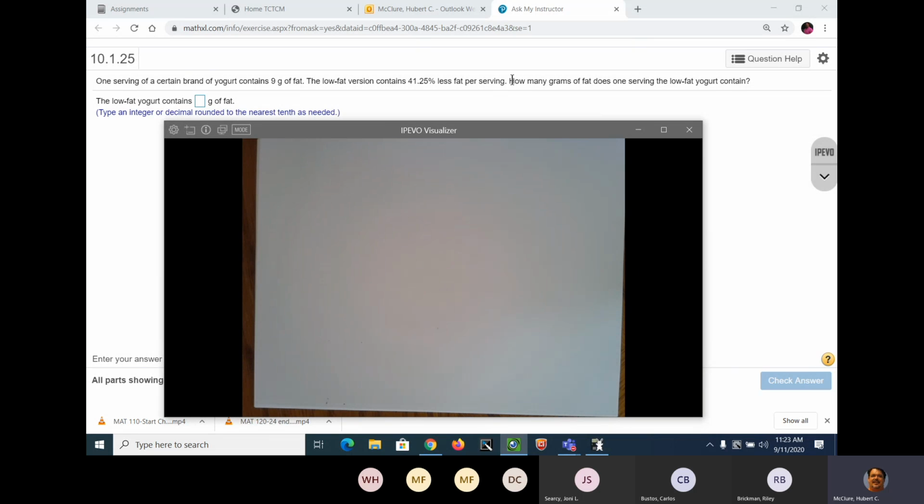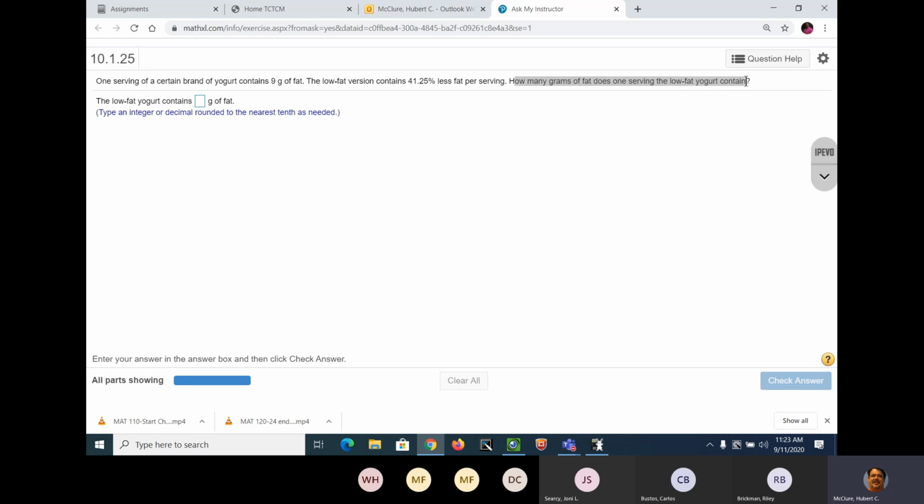How many grams of fat does one serving of the low-fat yogurt contain? It says one serving of a certain brand, the low-fat version contains that less. So that means they want you to do the Walmart pretty much. Now you could do it the other way, but I'm going to do it with the Walmart equation because that makes better sense. Students can see it a whole lot better.